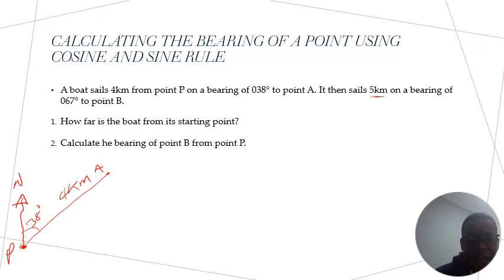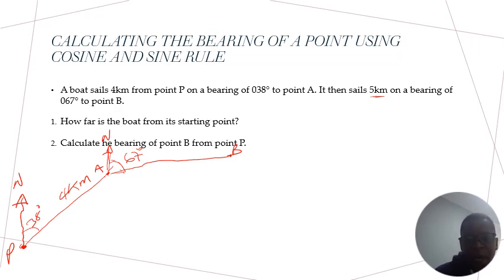So from point A, we also put up our north line indicator, and from there it goes at a bearing of 67 degrees to point B. So we have sketched all the information.